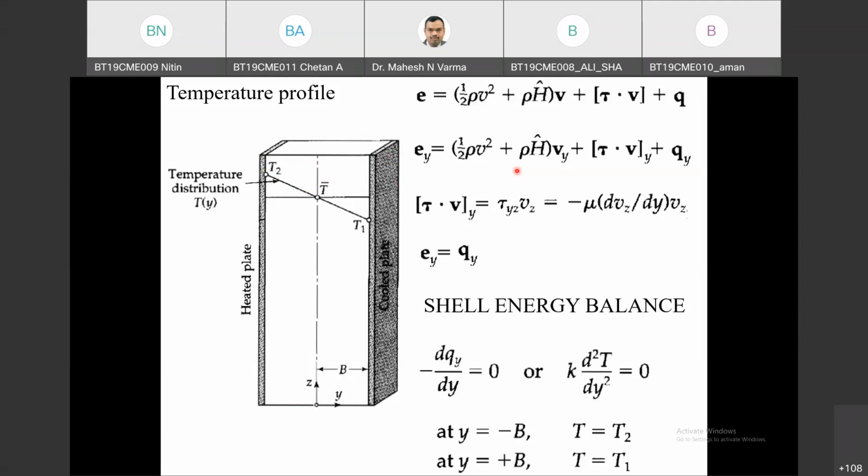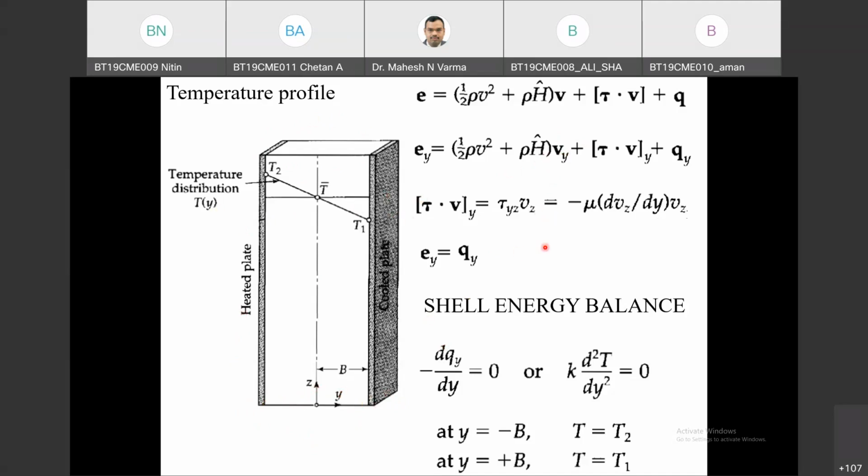End effects are neglected. At the end, there might be a velocity in y direction, but we are not considering that. Considering that end effects are neglected, we are interested in fully developed flow here.